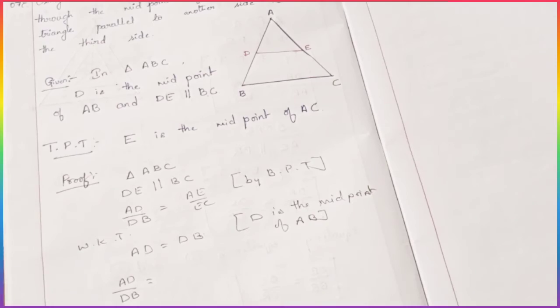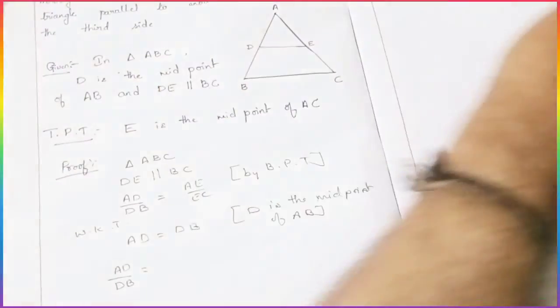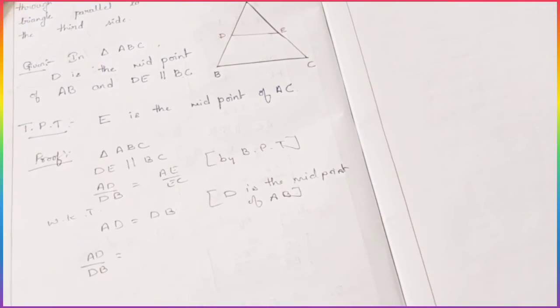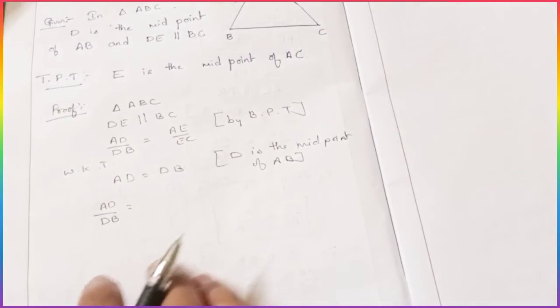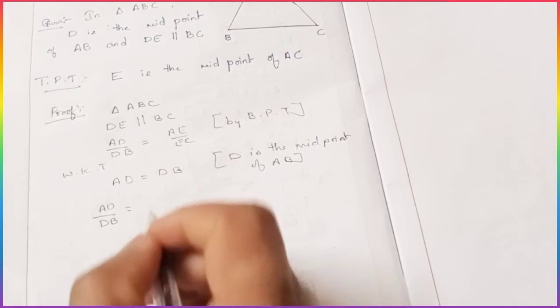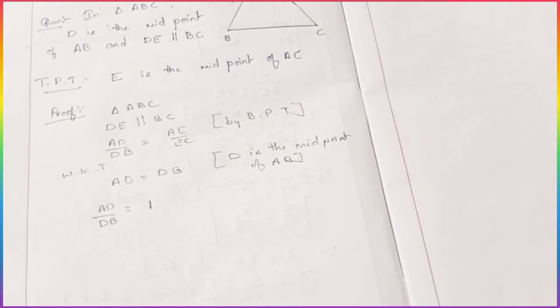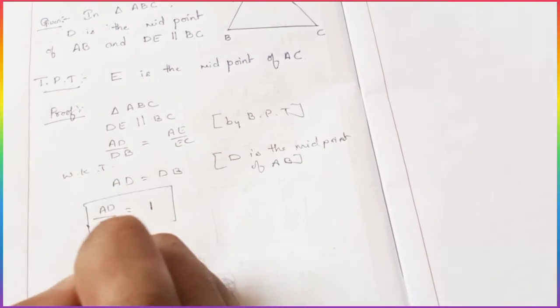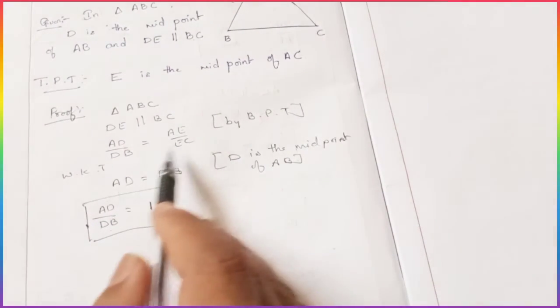Just imagine that AD and DB have the same values. If AD is 10, DB is also 10. 10 by 10 is equal to what? That is 1.